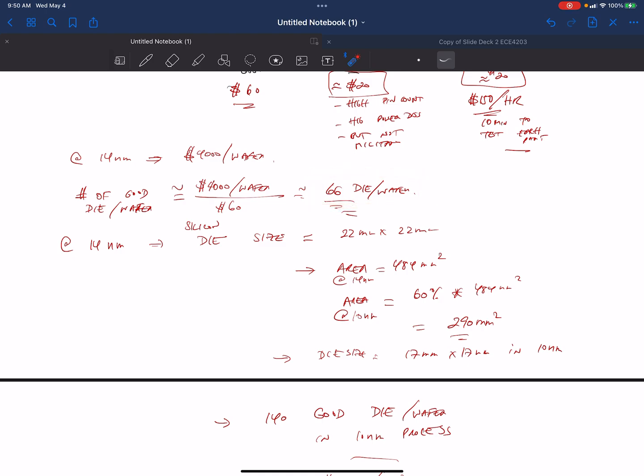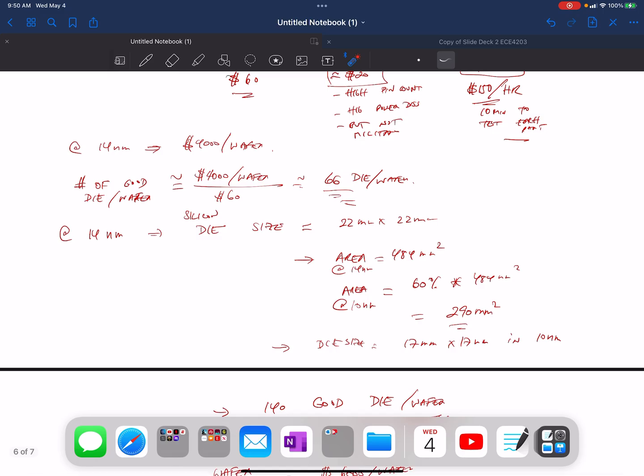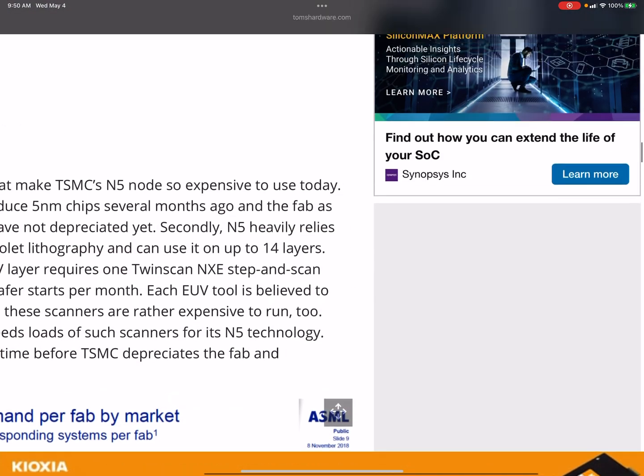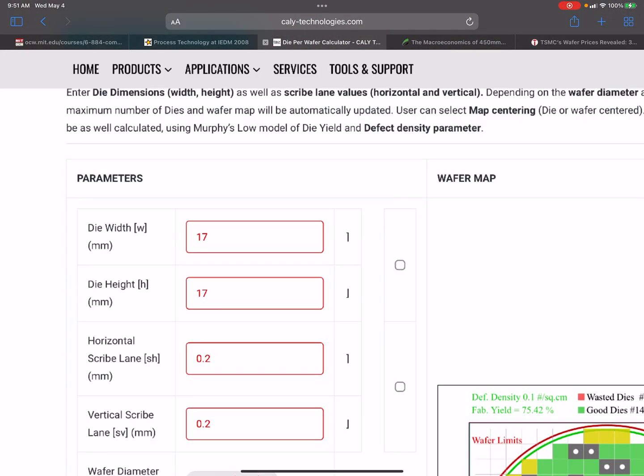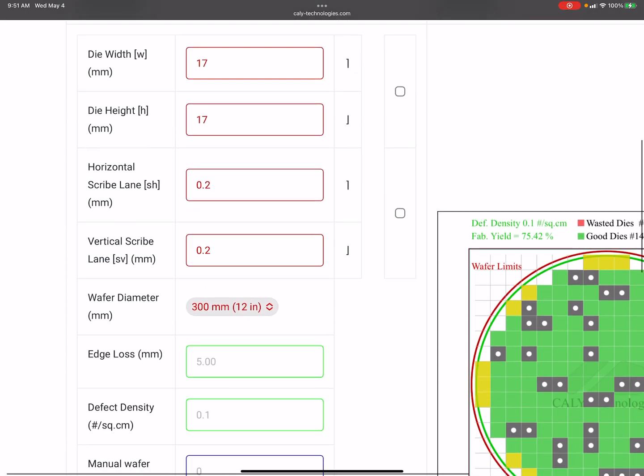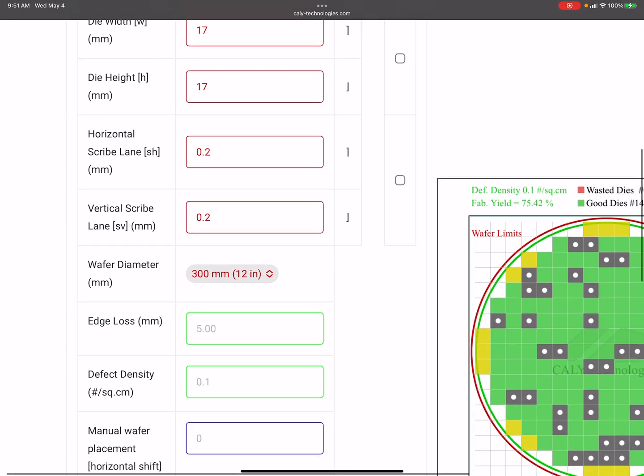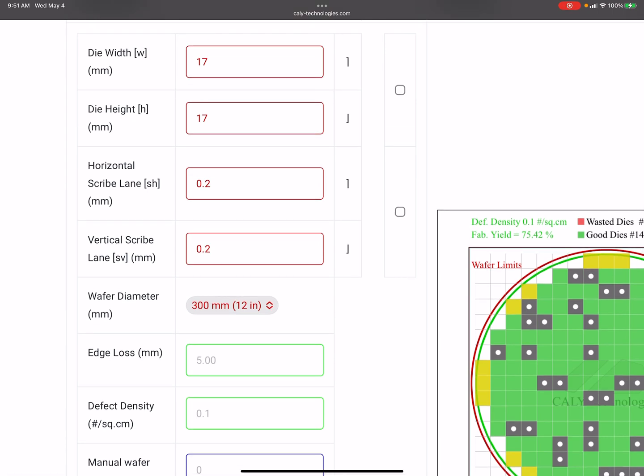The reason we didn't do that is because, as you guys remember, when your die get smaller, your yield will also go up. So it's not as straightforward as just doing a ratio. You have to plug it into something like this and get the new die size.